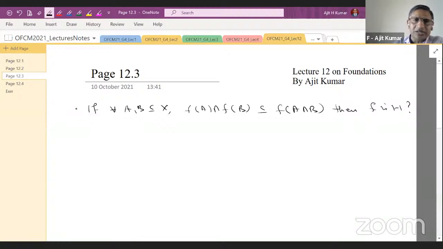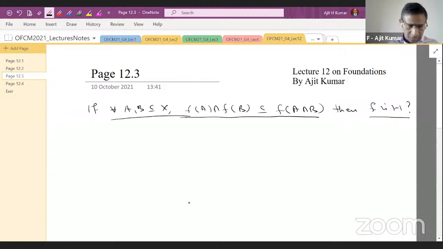So what is given to us now? For any two subsets A and B, this is true. We want to show that f is 1-1. What is the definition of a 1-1 function? f is 1-1 if distinct elements in X have distinct images.